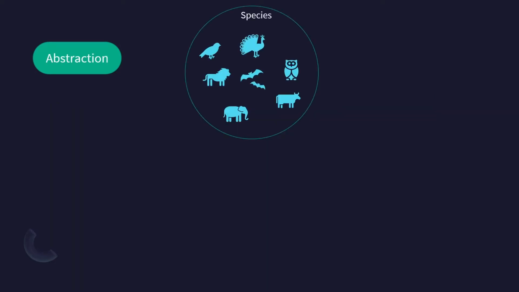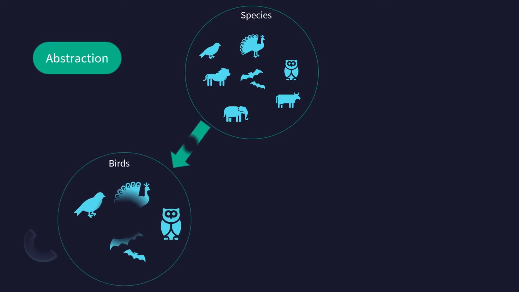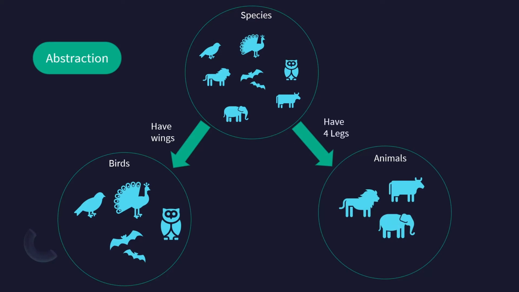Let us understand these abstractions a bit. Suppose we have species: birds, owl, bats, peacock, and then lions, elephant, cow, and a crow. Now if you segregate them, you get birds having wings, and animals having four legs. So during abstraction, you took away two things, having wings or having four legs.